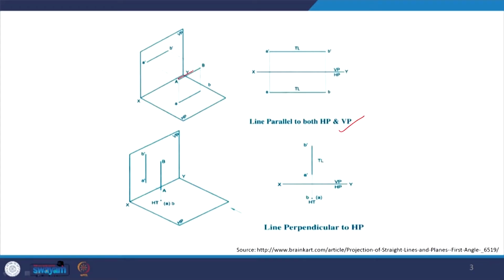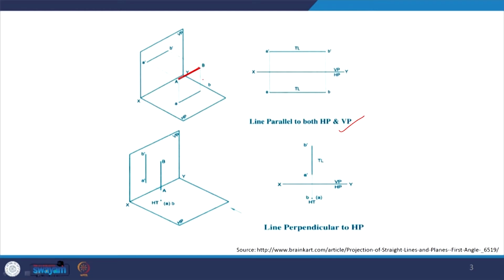Now in this case, this line is parallel to both VP and HP. So we will be seeing the true dimension of the line in both HP as well as VP. If you look at the screen, this is the line that we are talking about. It is parallel to both VP as well as HP.